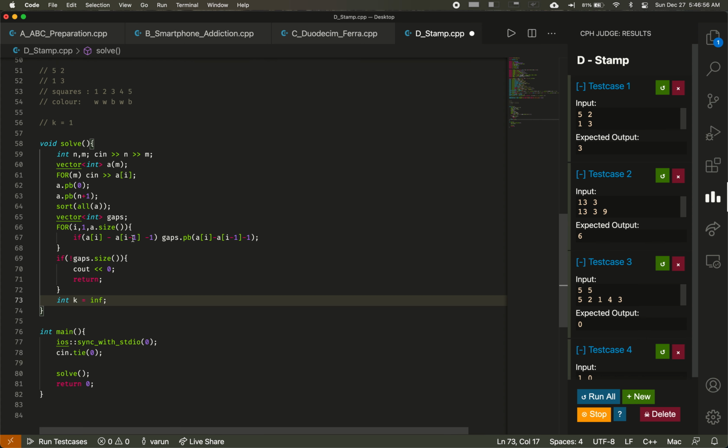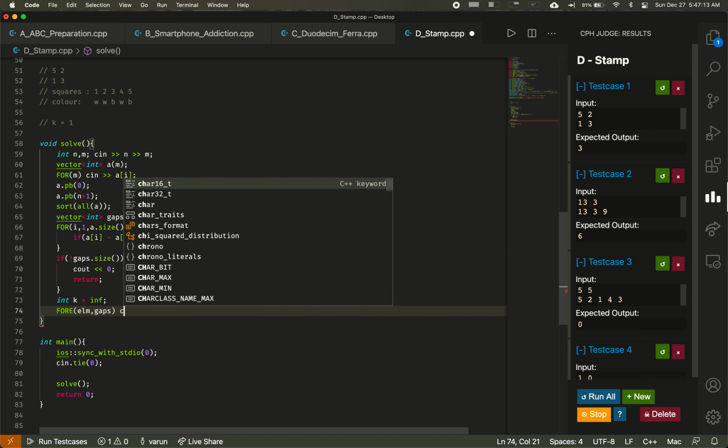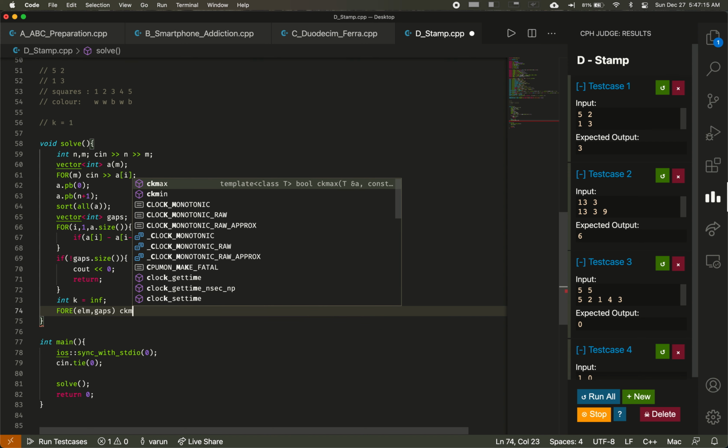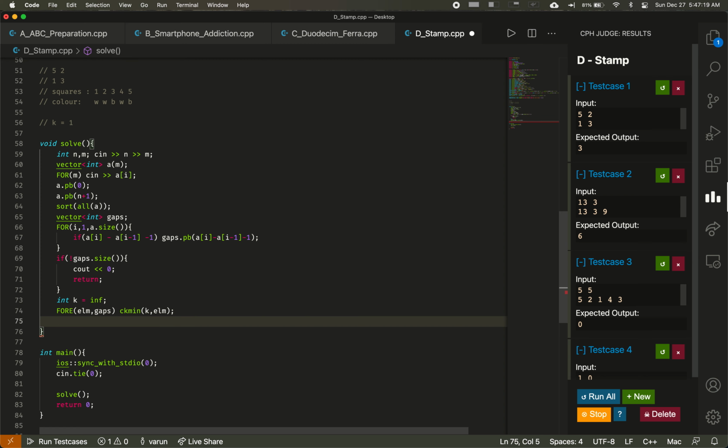And the case of 0, we took that into account over here. So what we can just say now is for each element in our gaps vector, k is going to be the minimum of itself and the element. And now we'll count the number of moves it will take.